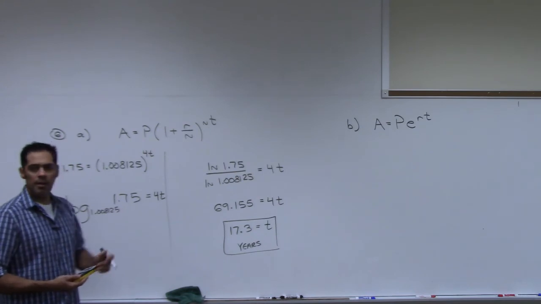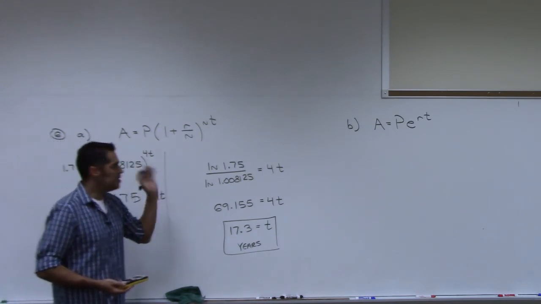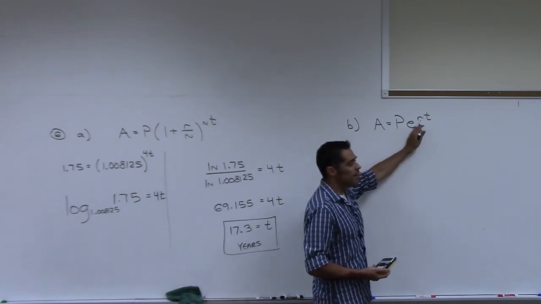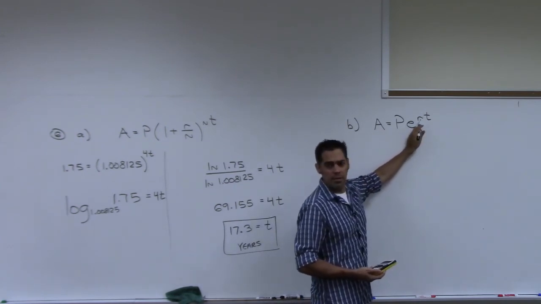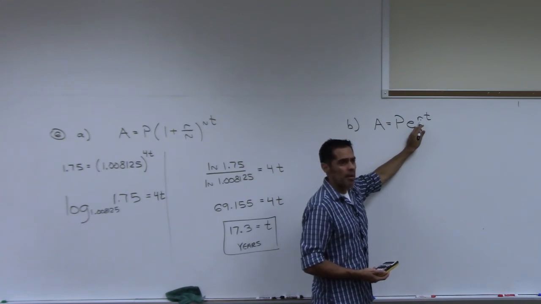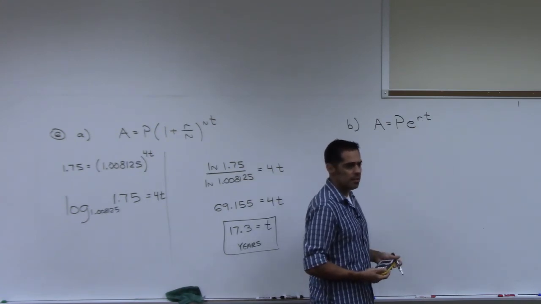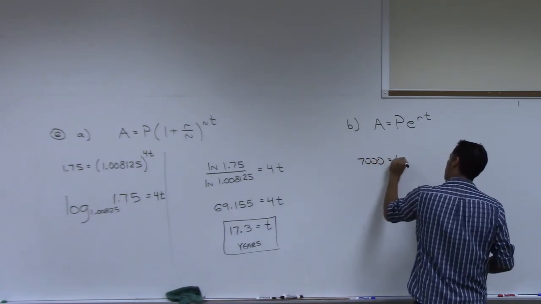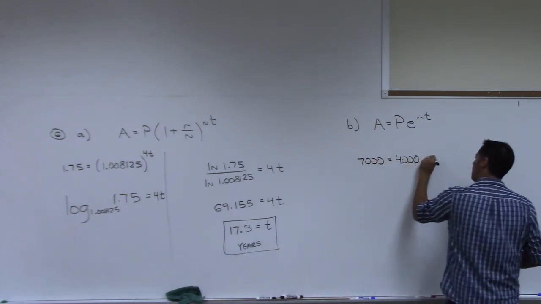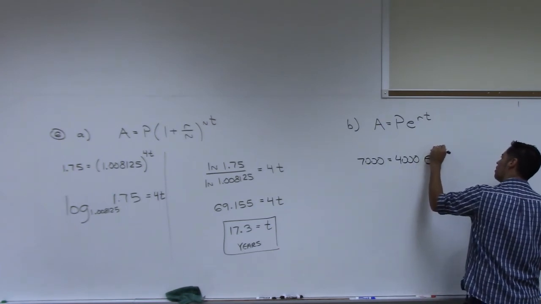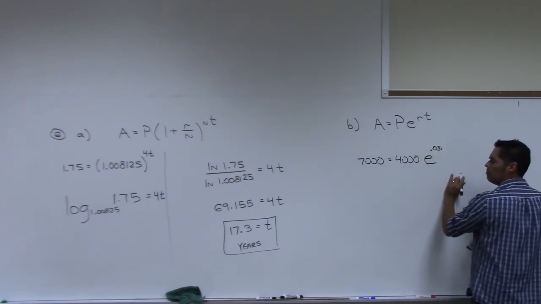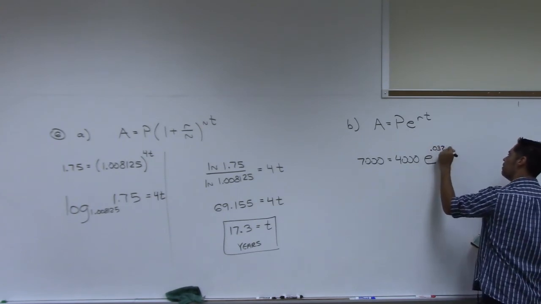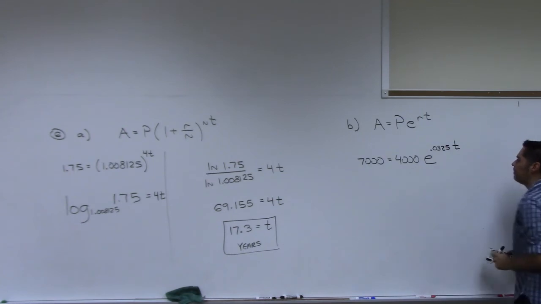Now for part B, we're going to do the same setup, right? Same exact setup. A is 7,000. P is 4,000. R is 0.03125. But we don't have an n this time. With continuously, there's no n. So 7,000 equals 4,000 e to the 0.0325, not 125, t.